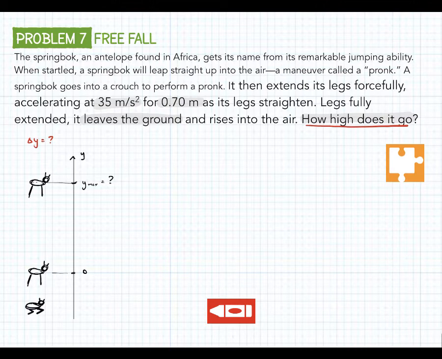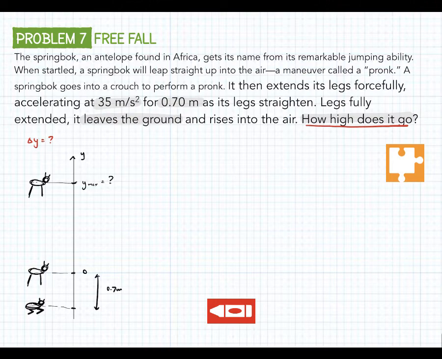This distance here is going to be 0.7 meters, right? Because we're going from the middle here as it stretches up. So really this is the standing up distance.